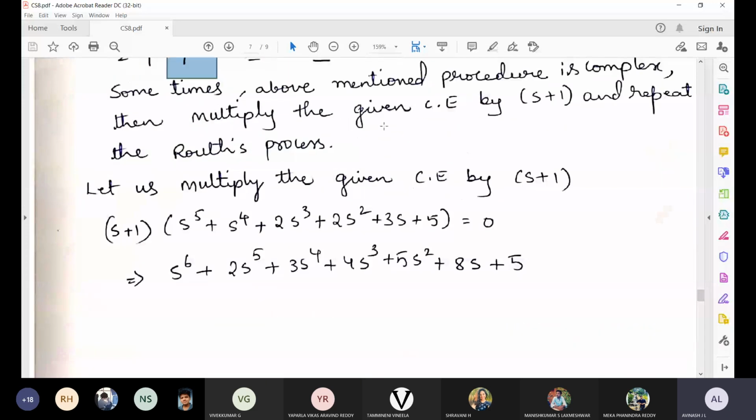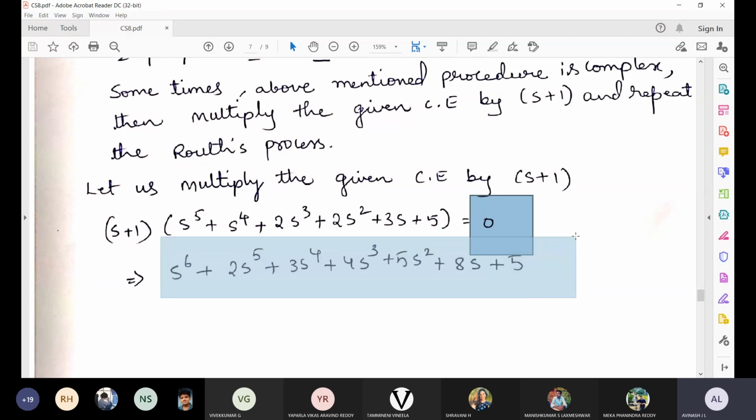Similarly, if you find that taking 1 by z is a difficult task, then you have another option. Another option is you can multiply s plus 1 on both sides. When you multiply s plus 1 on both sides, the RHS is 0, since 0 into anything is 0. In the LHS, the equation will be extended to a higher power, because s into s to the power of 5 is s to the power of 6.